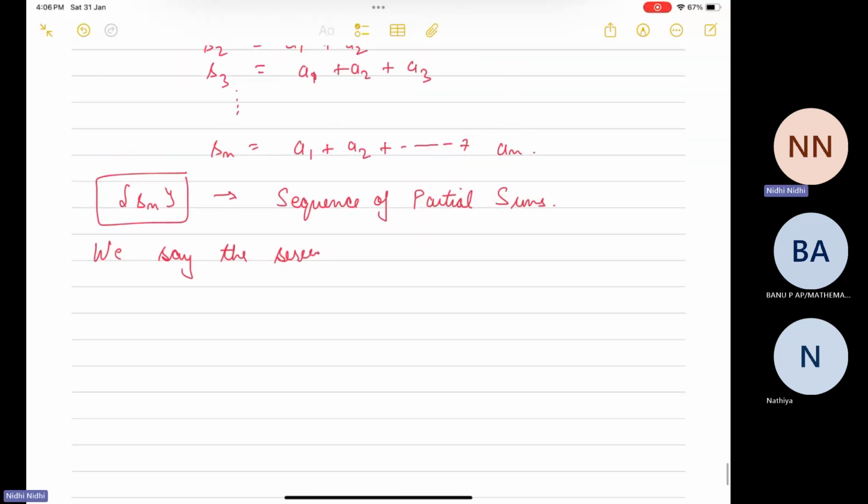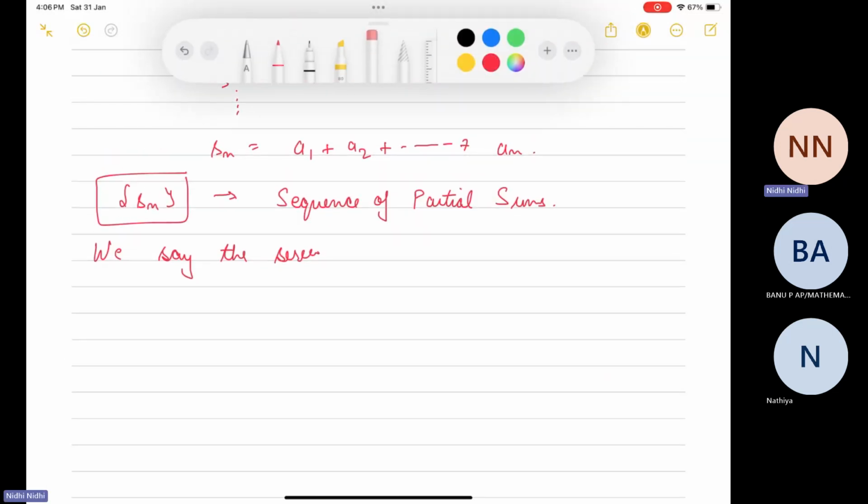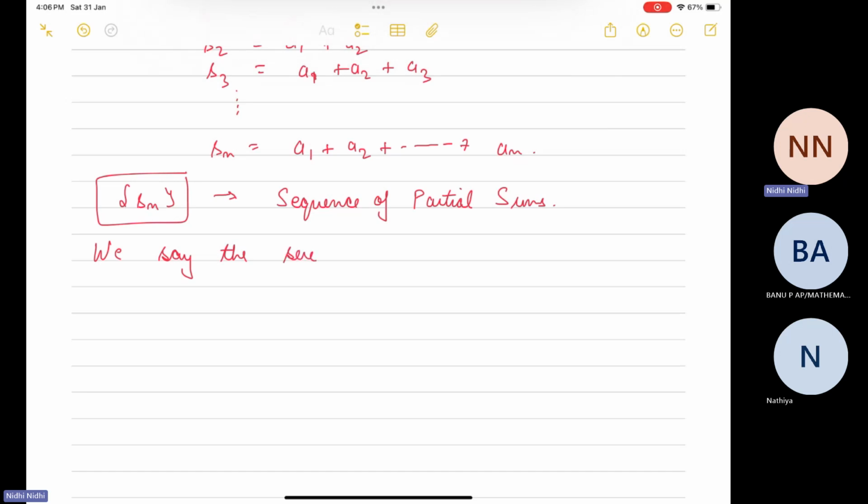We say that this infinite sum, or the series summation n from 1 to infinity of a_n, is convergent if and only if this sequence S_n is convergent. So a series is actually nothing new.